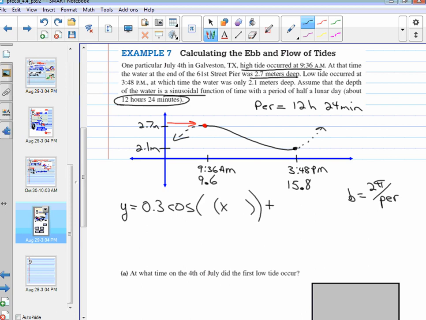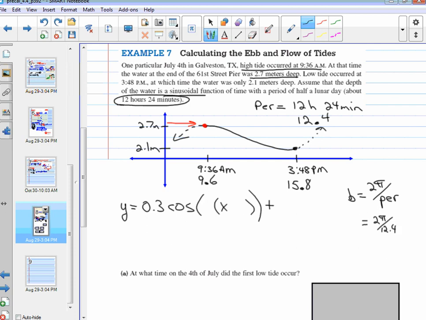And my period, I need to do the same thing too. 12 hours, 24 minutes. Well, that's really 12 point, what's 24 out of 60? That was 12 over 30, 6 over 15, 2 over 5, 0.4. 12.4. So I can say, my b value is 2 pi divided by 12.4.